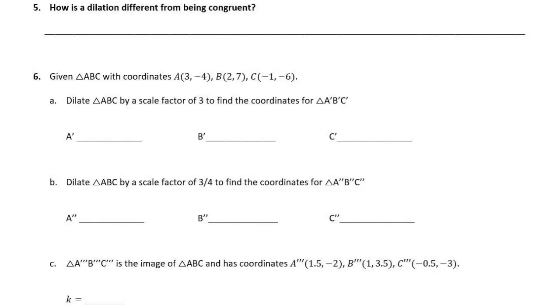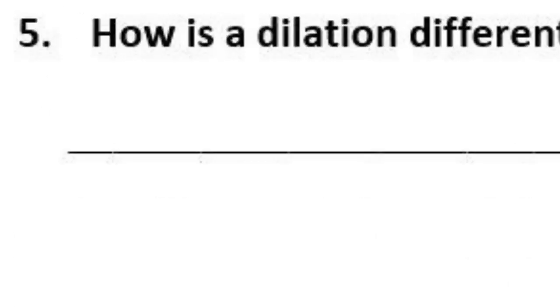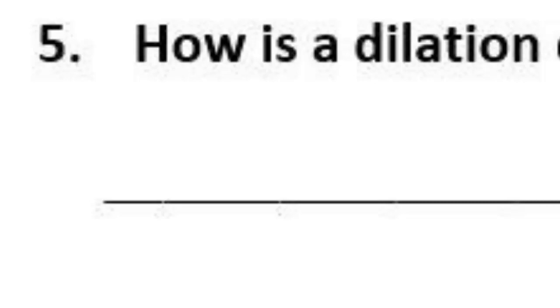How is a dilation different from things being congruent? Congruent means same shape and same size, so we can take things and set them equal if they're congruent.